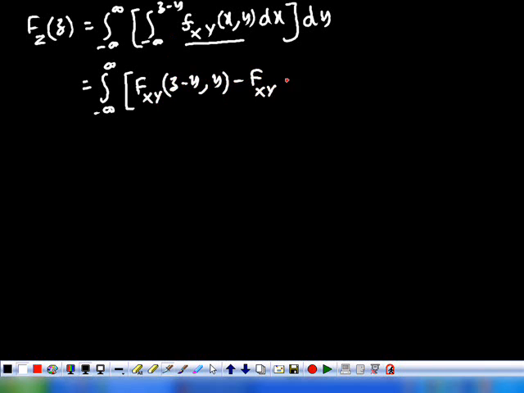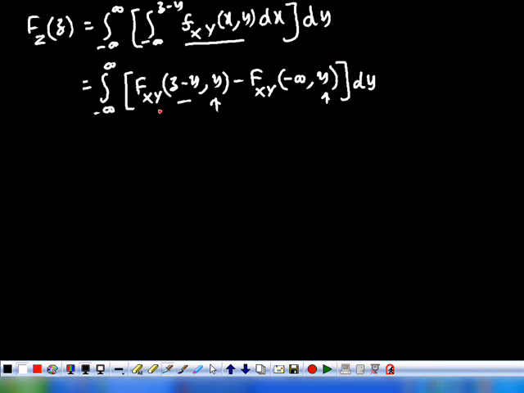The lower limit of x is minus infinity. In this inner integral, if you see the inner integral, y is constant. That is, we are not changing the y value. So we are keeping y as it is. But x is taking two limits, the upper limit and the lower limit. So the integral from minus infinity to z minus y of f_XY(x, y) dx.